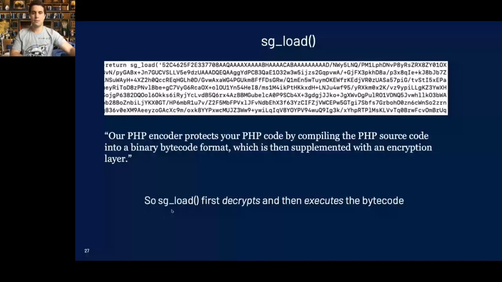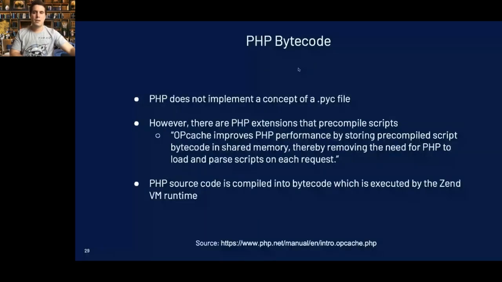Okay, so we'll take a quick glance at some PHP internals here. PHP bytecode is similar to Python bytecode. However, I don't know of a concept of a PYC file, that static, compiled Python file. However, there are PHP extensions that precompile scripts, and one that you might recognize is Opcache.